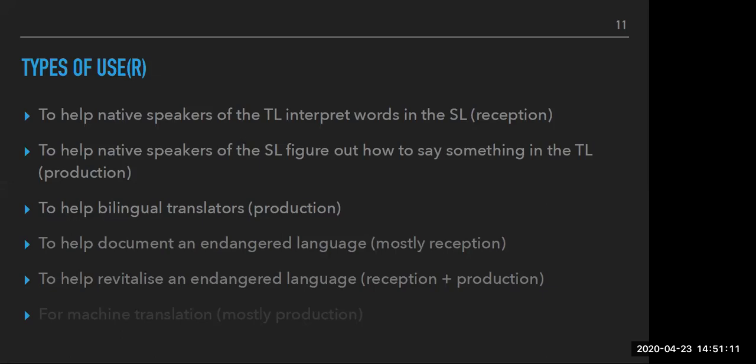And if you were trying to revitalize English because it's dying, oh no, then you would give an explanation, but you would also take more of the option number 2, right, where you were helping a native speaker figure out how to say something. So you would do that as well.